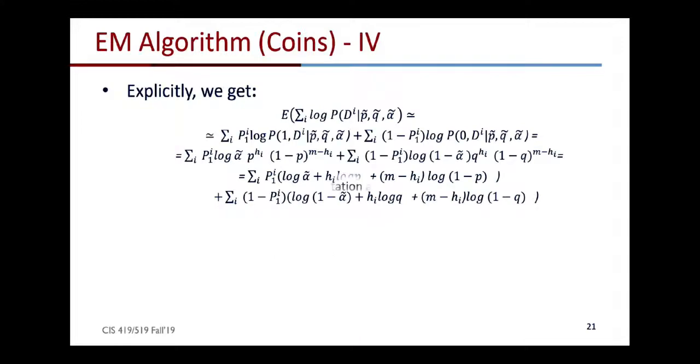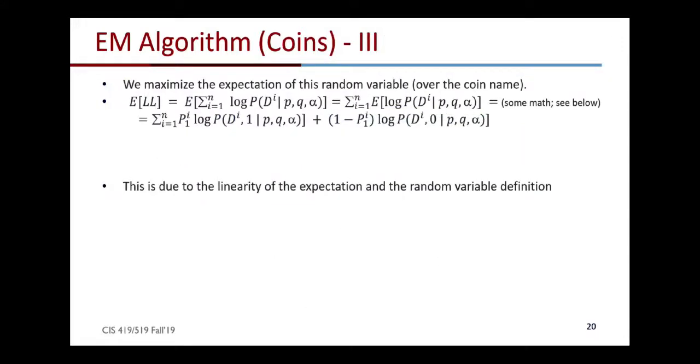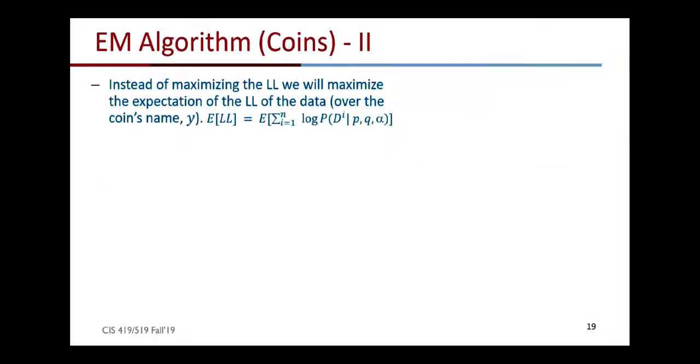So what we said is that instead of maximizing the log likelihood, we're going to maximize the expectation of the log likelihood relative to the coin's name. So essentially, we're saying, what is the likelihood if y is 1? What is the likelihood if y is 0? Let's average it. That is a necessary thing, right? I mean, we didn't have any option other than this. We didn't have an option.